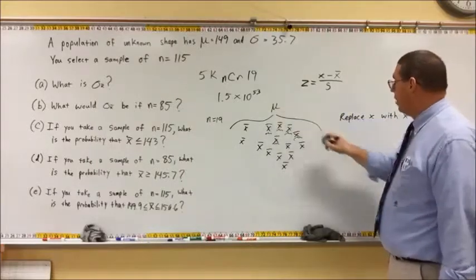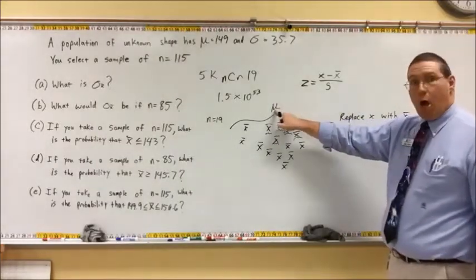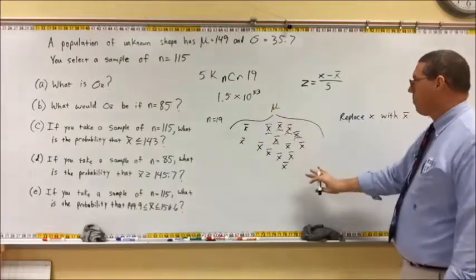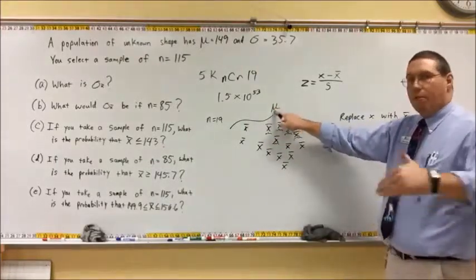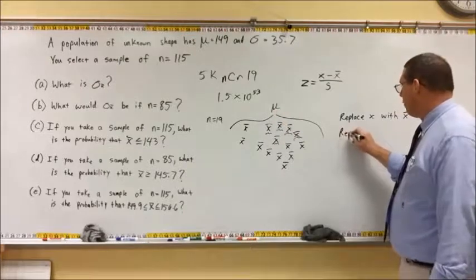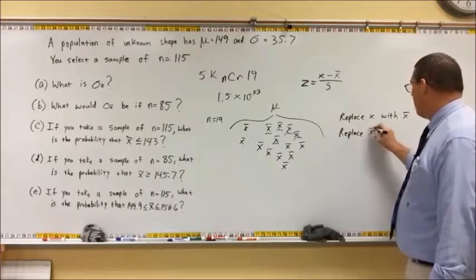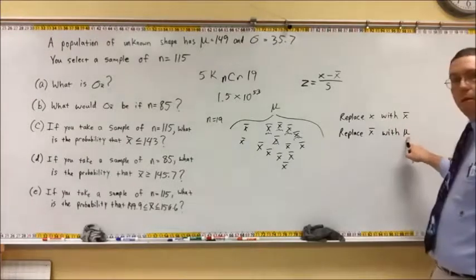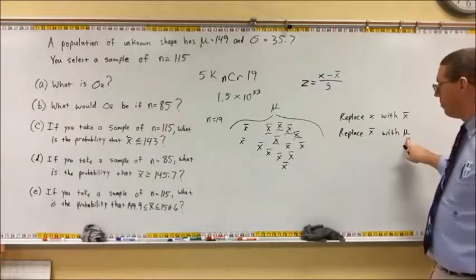What we used to have up here was x bar, the sample mean, over a bunch of observations. But now we've replaced x bar with mu, with the population mean.